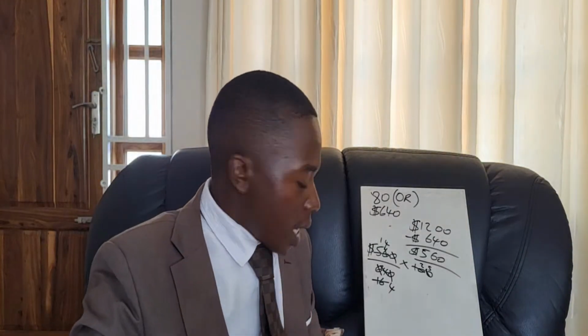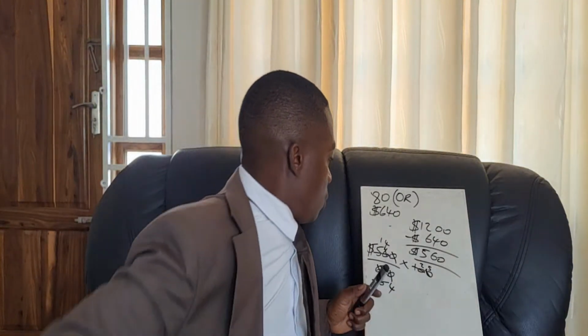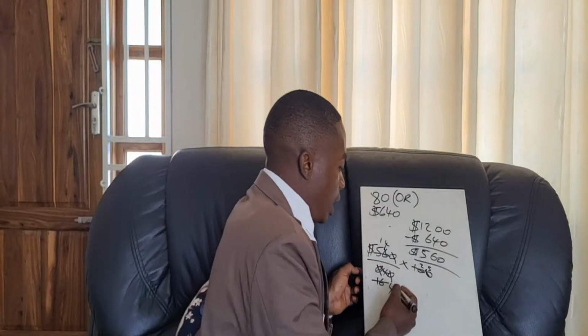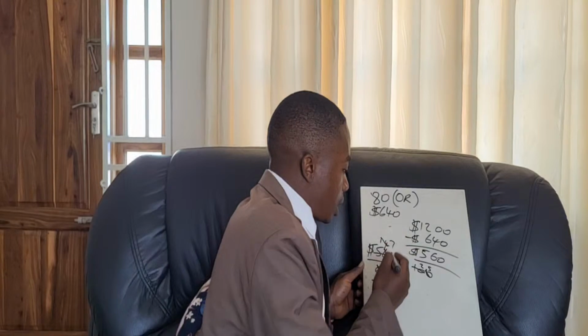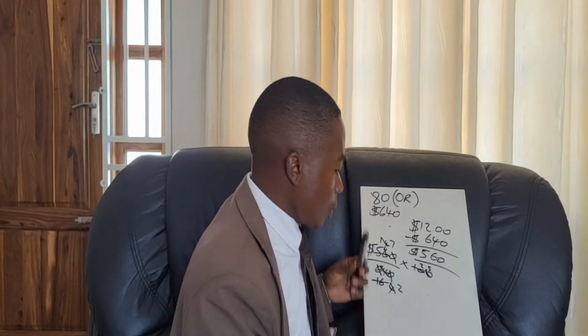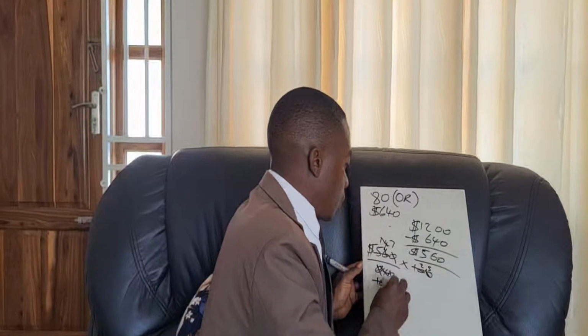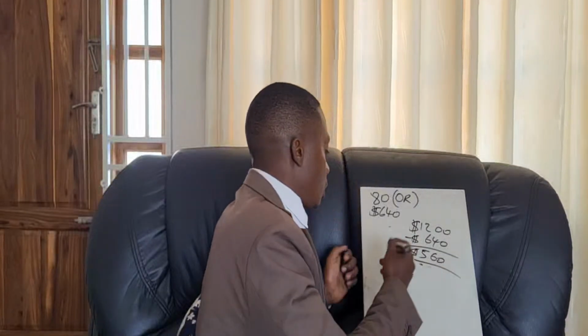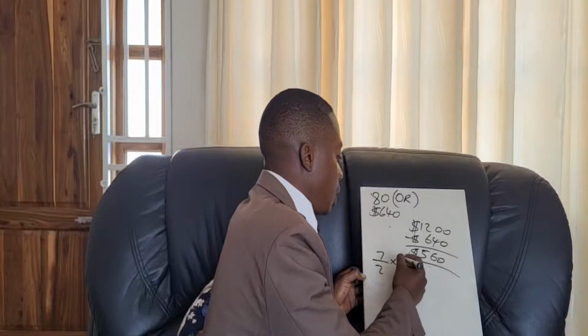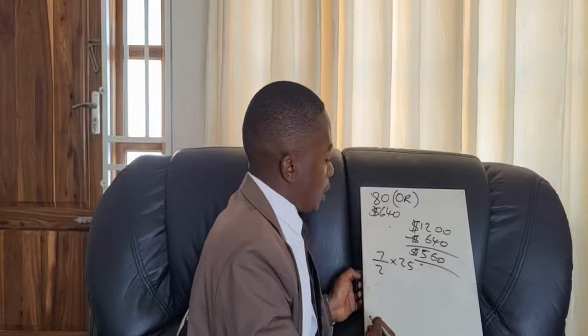Now 2 here, that's 2 times, right? And 2 here, that's 7 times, right? 7 over 2 times what? 25.